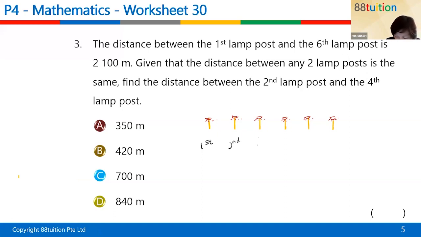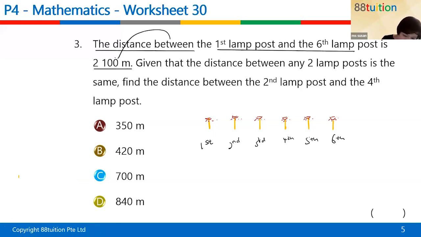Second, third, fourth, fifth, sixth. Yeah, there. And what is the distance between them? The distance between them was 2,100. So meaning to say the 2,100 is from here to here.